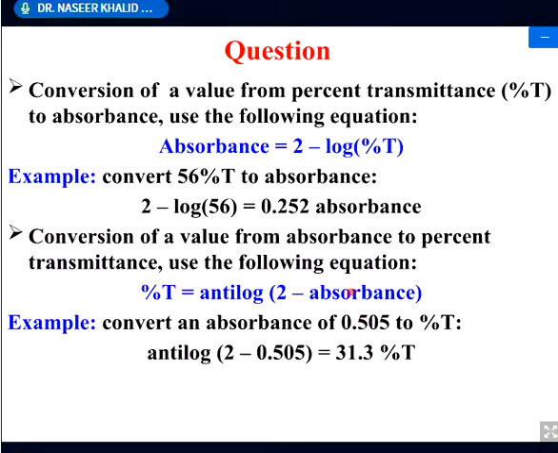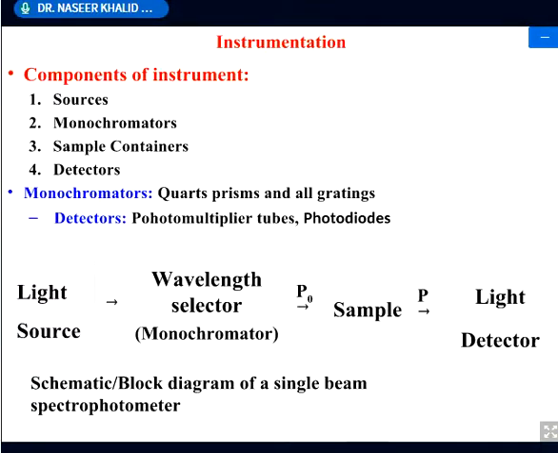When we put this value in, it is anti-log of 2 minus 0.505, which is equal to 31.3% transmittance. So by this simple equation, if we have a transmittance value, we can calculate the absorbance, and if we have an absorbance value, we can calculate the percentage transmittance.